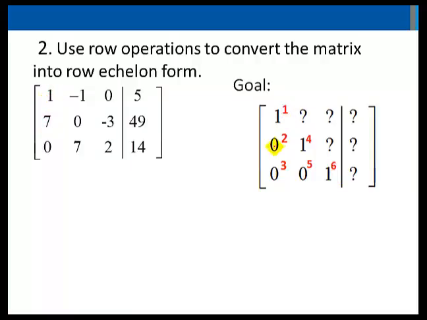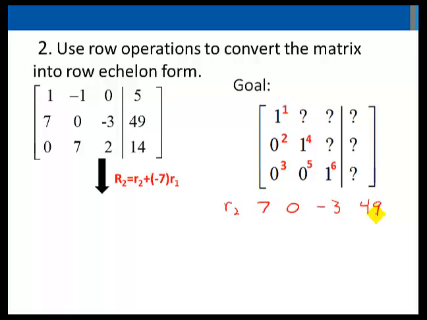Below that, I want to change this 7 into a 0. I can do that by taking row 2 plus negative 7 times row 1, which I'll do over here to the side. So row 2 is 7, 0, negative 3, 49.